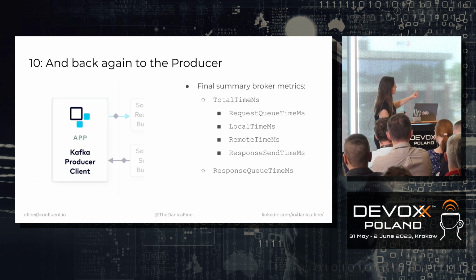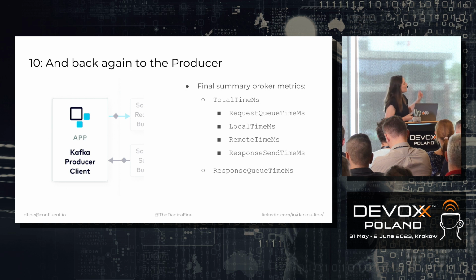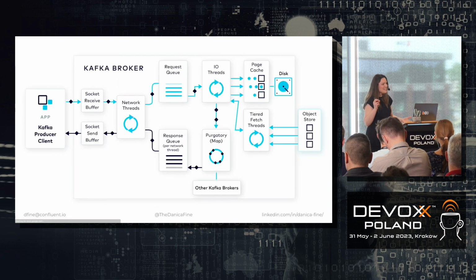And then it's built up with these components: the amount of time that the request sits on the request queue, the amount of time it takes to be processed and saved to the local broker, the amount of time it takes to replicate the data back to the other followers, and then we have the response send time MS, how long it takes for the producer to pick that response back up. And response queue time MS is not factored into that, so if you're monitoring total time MS and these metrics don't quite add up, that's why. Keep it in mind.